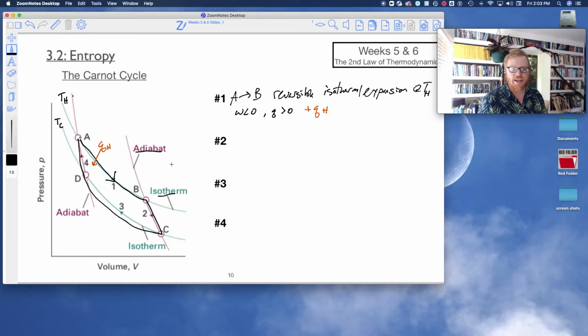So now how do we get from B to C? To get from B to C, that's occurring along the adiabat, and it's following this kind of Boyle's law behavior. So that means it has to be reversible. So that's reversible adiabatic expansion, because if you note on the volume scale, the volume is still getting bigger.